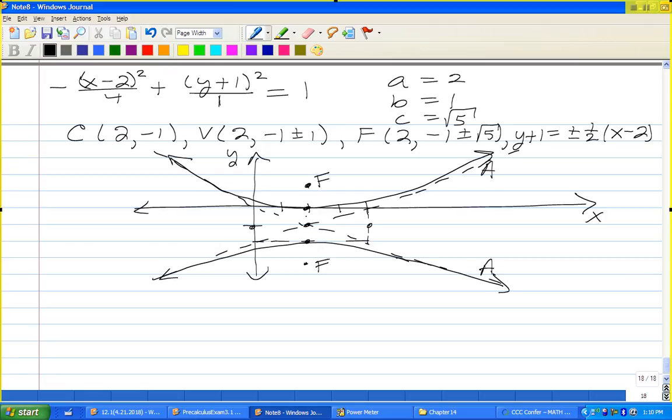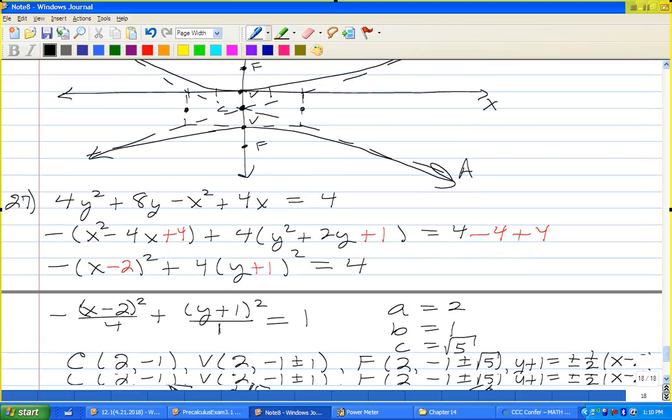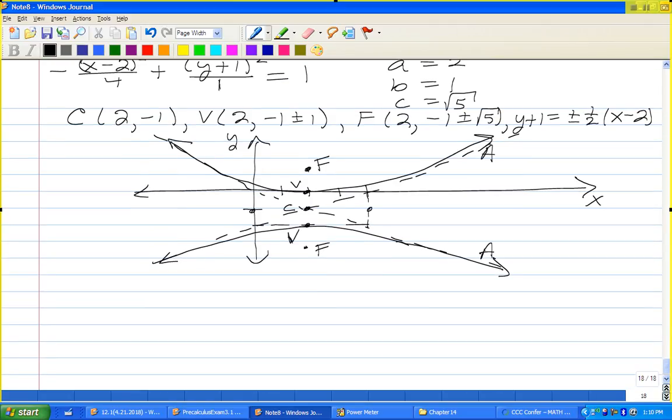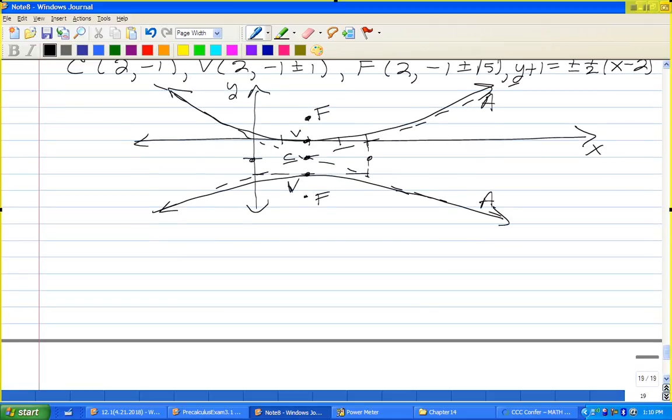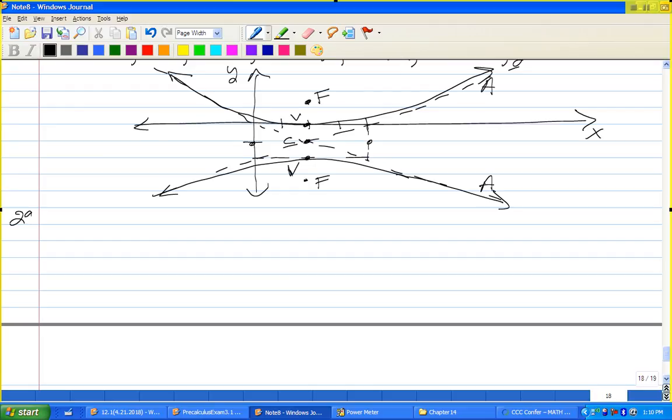Foci, vertices, center. 29. Y squared over 9 minus x squared over 16 equals 1.